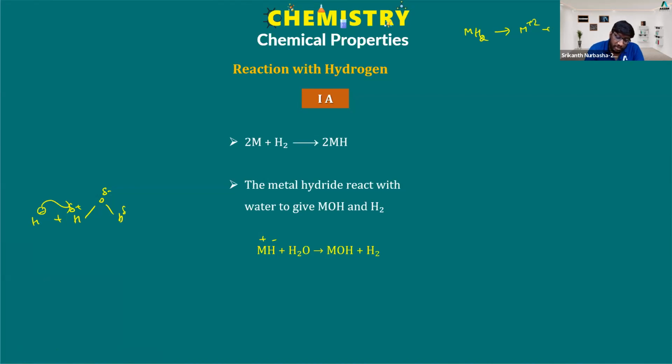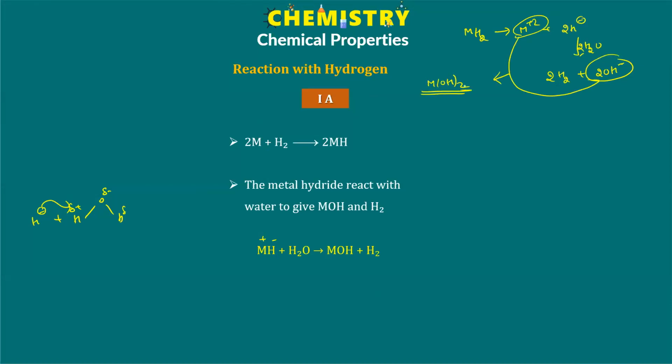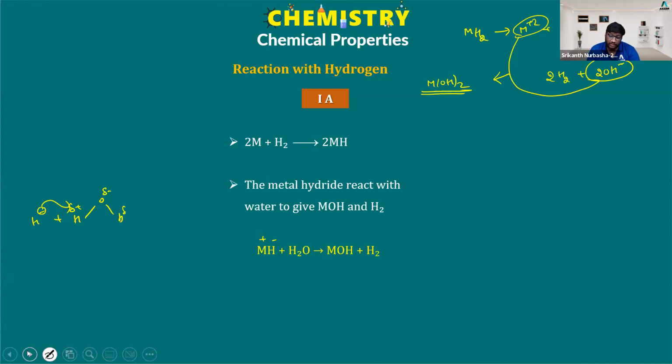This H minus will react with 2 H2O. 2 H minus will react with 2 H plus to form 2 H2, along with 2 OH minus released. 2 OH minus will react with M plus 2 to form M(OH)2. Yes or no? That is how the respective hydroxides are formed with respect to 2A.